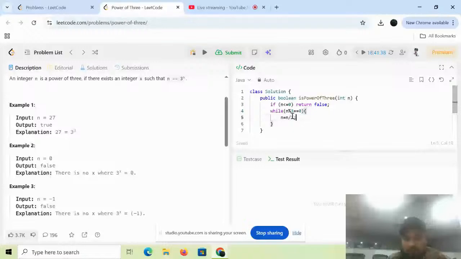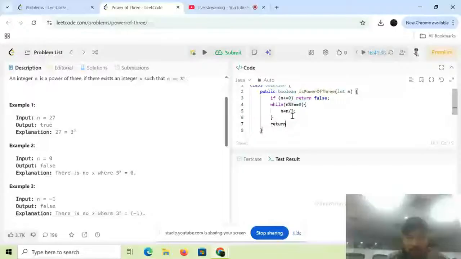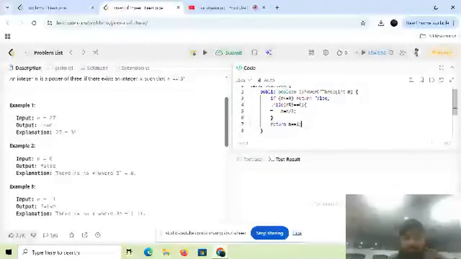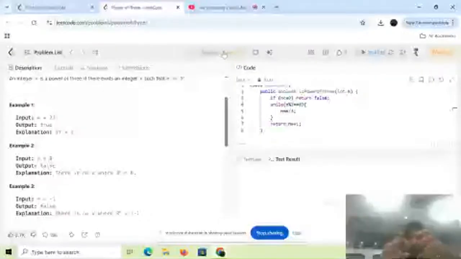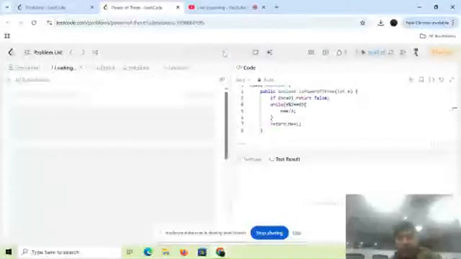That's it. Here I'll return n equal to 1. If n becomes 1, it was a power of 3. So let's see.